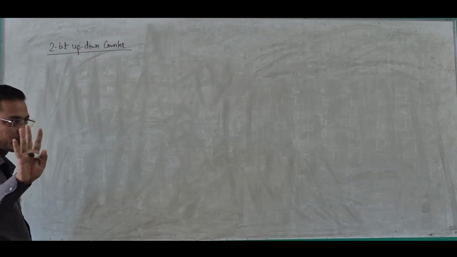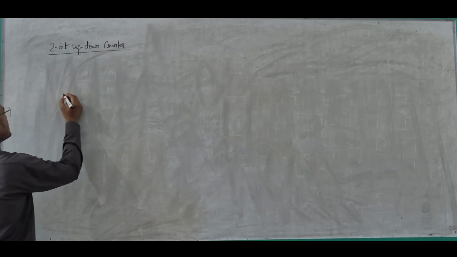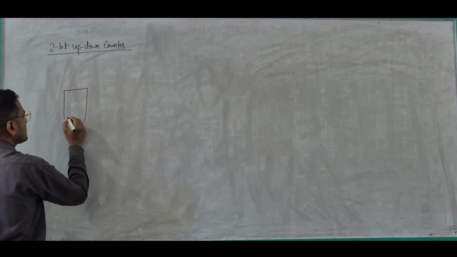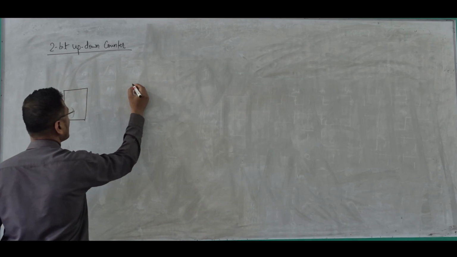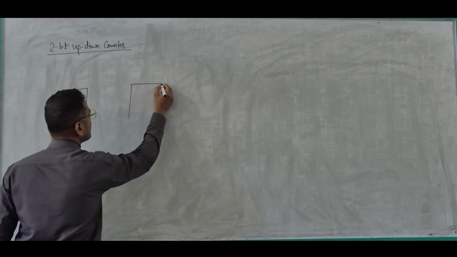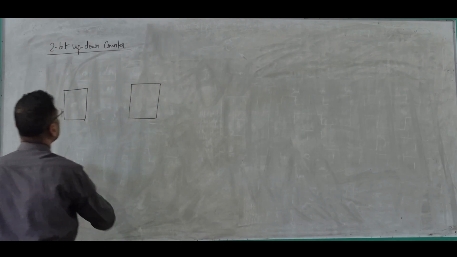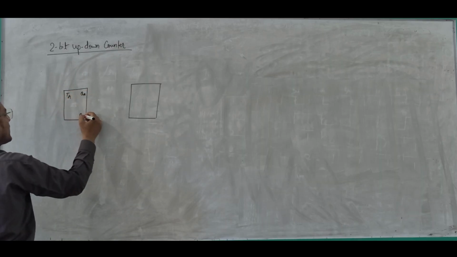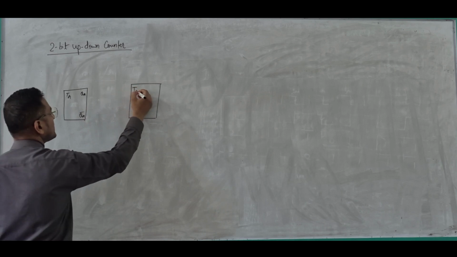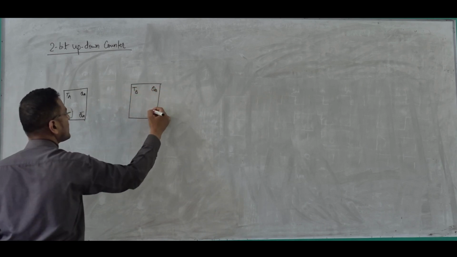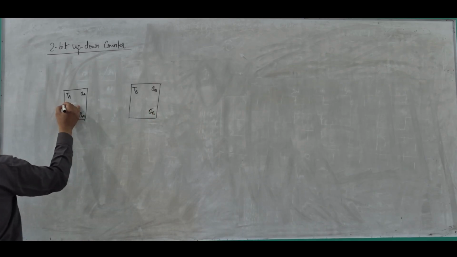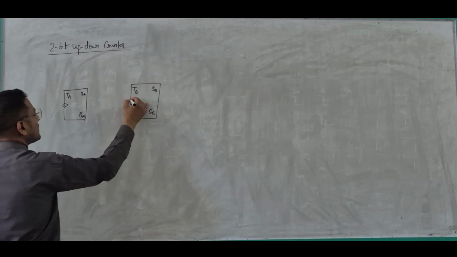Now for 2-bit up-down counter, what you need is two flip-flops. JK flip-flops are there, in a similar manner. JK flip-flop, and this is QA complement, this is QB complement. And there's a negative edge trigger clock.